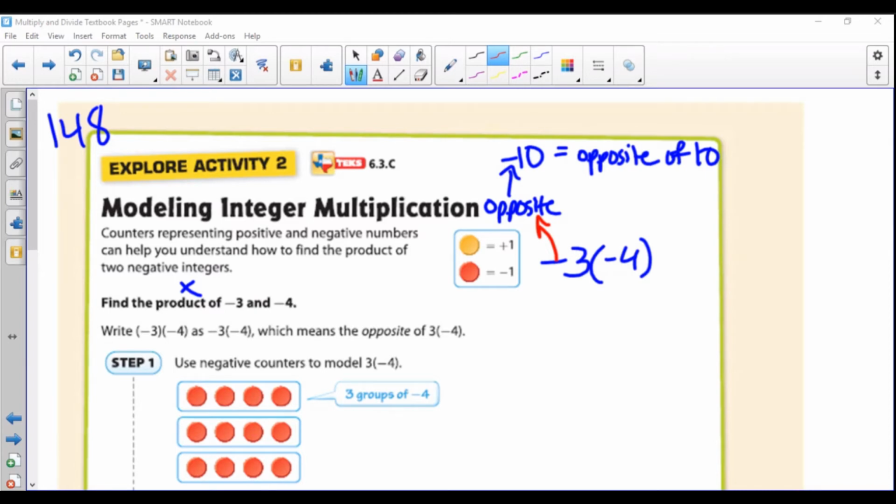So they're asking for the opposite of 3 groups of negative 4. Y'all should be writing this in your textbook as well.